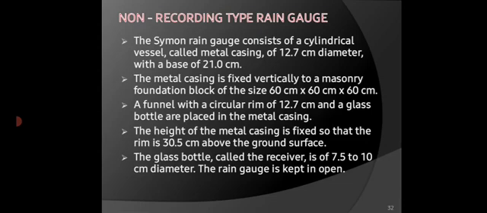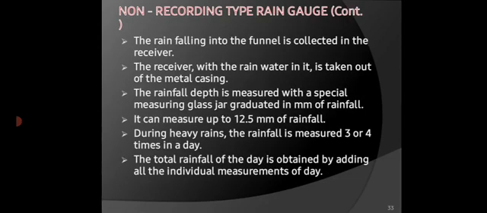So the non-recording type rain gauge instrument is nothing but a cylindrical bottle with a funnel on top. The rain falling into the funnel is collected in the receiver, meaning in the bottle.